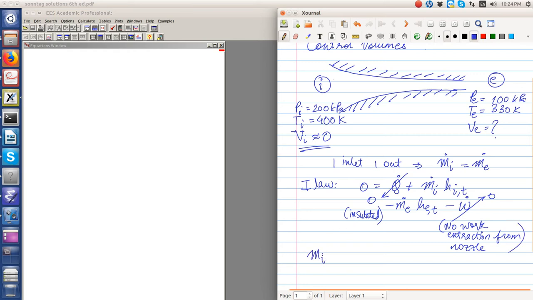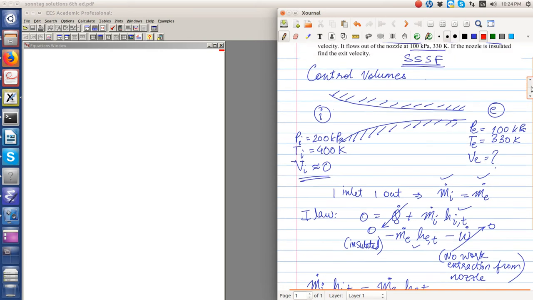Therefore, m dot i h i total is equal to m dot e h e total, because we only have these two terms remaining and everything else is equal to 0. And since we had proved m dot i equal to m dot e, we have h i total equal to h e total.